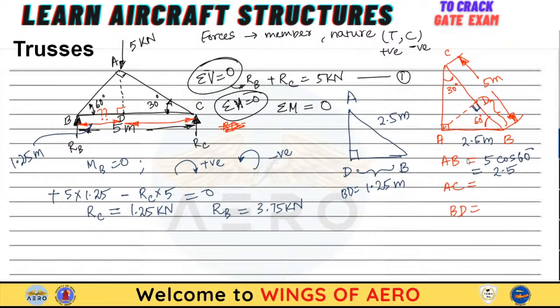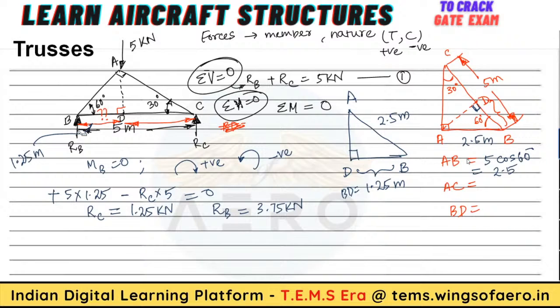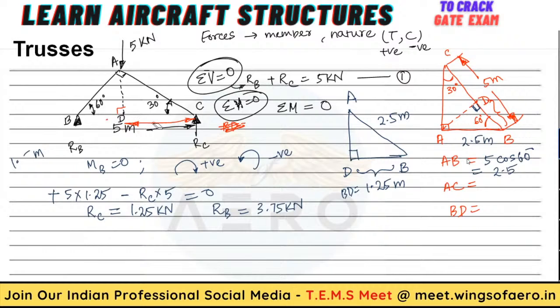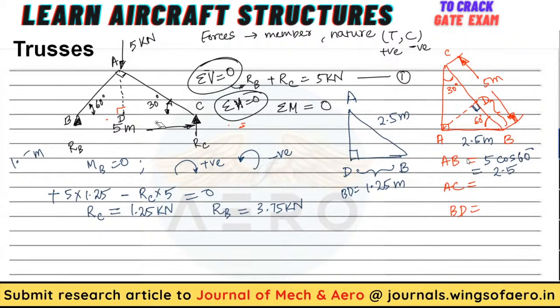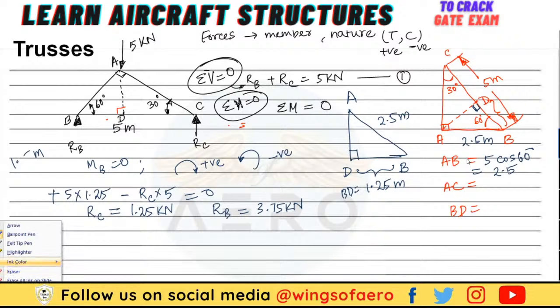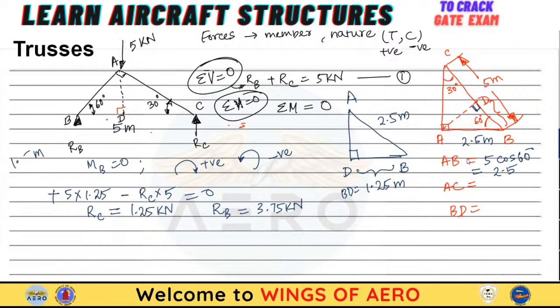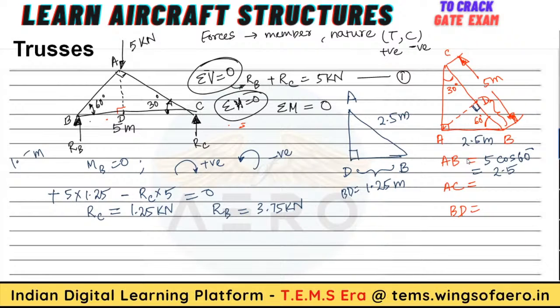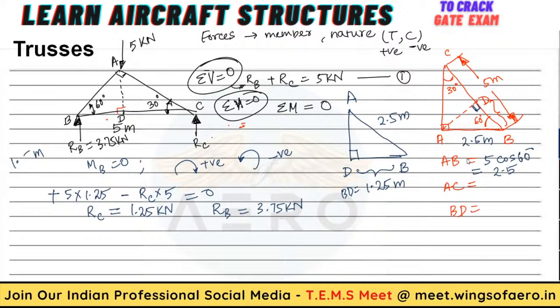So I can erase all and I can finally write down the values of these things. So I can write here RB equals 3.75 kilonewton, RC equals 1.25 kilonewton.